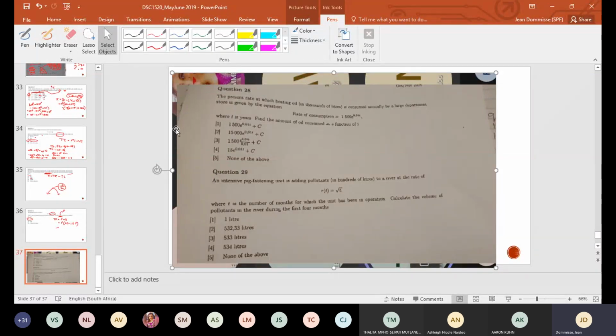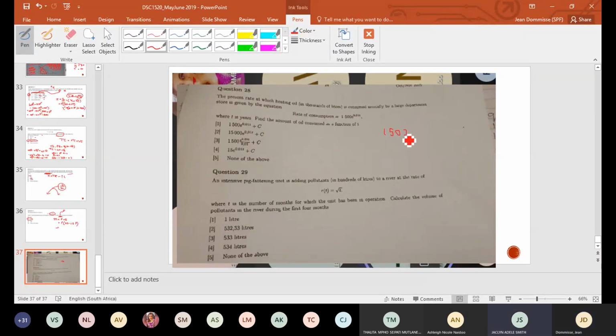Okay, so it was question 28. The present rate at which heating oil is consumed by a large department store was given by the equation 1500 e to the power 0.01 T, where T is in years.